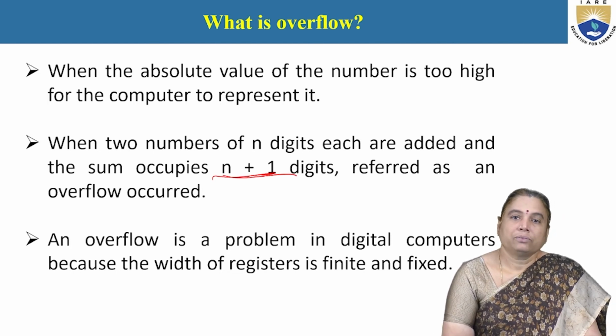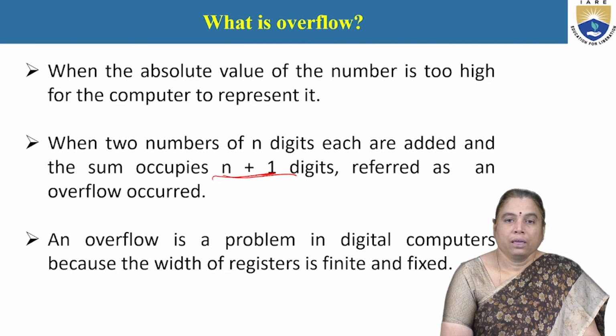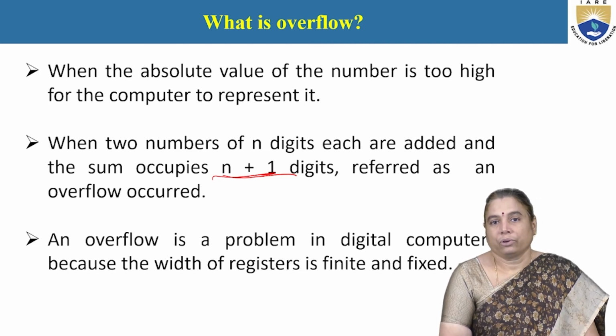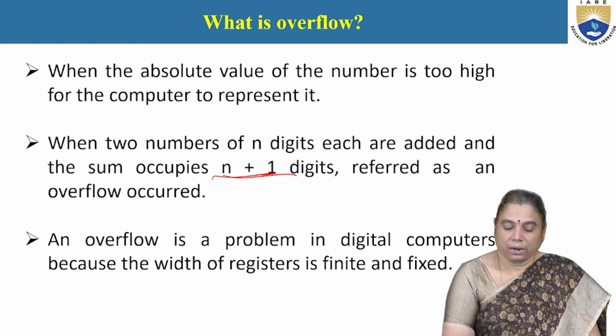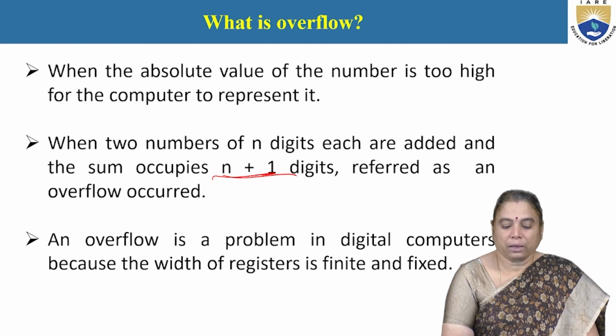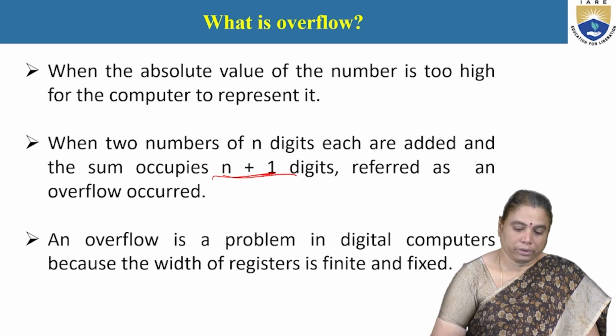In the CPU registers, each register is of fixed size. If an overflow occurs and n plus 1 digits are needed to store the value in the register, then it is difficult. So overflow is a problem in a digital computer because the width of a register is finite and fixed.